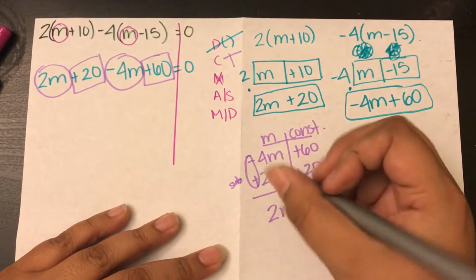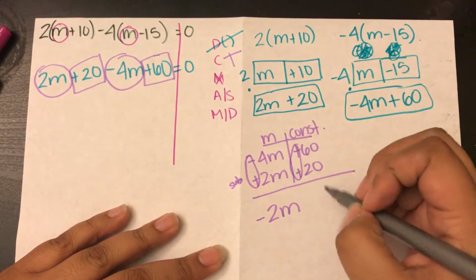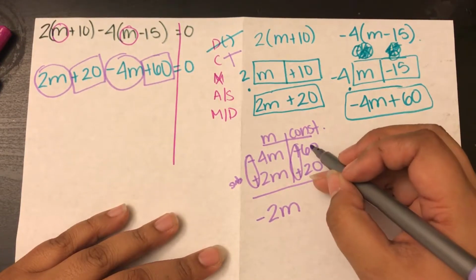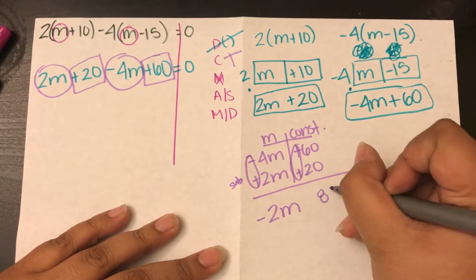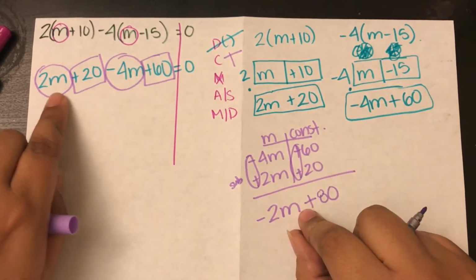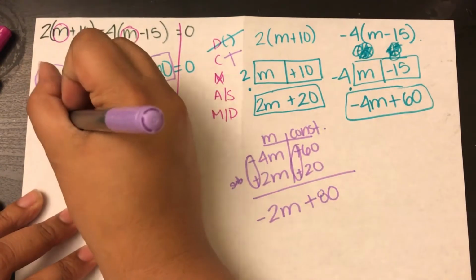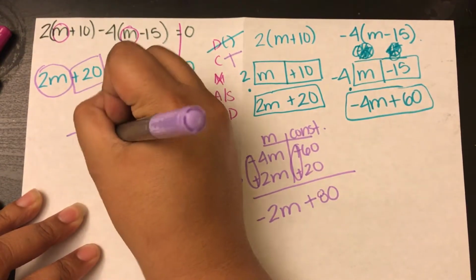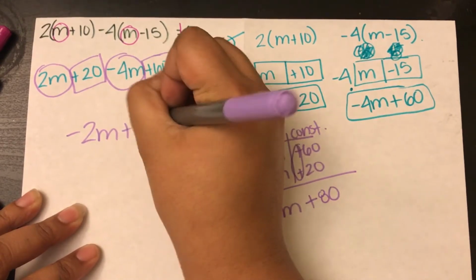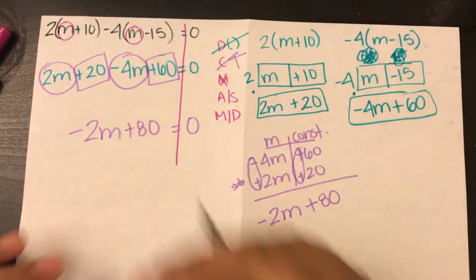Take the sign of the bigger dude, he is negative. Next one, they're both positive, so I do have to add. 60 plus 20 is 80. Take the sign of the big dude, it's a positive. So instead of this long thing, I'm going to have this short thing. So I have negative 2m plus 80 equals 0. And I am now done combining like terms.